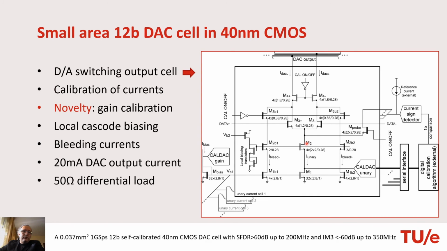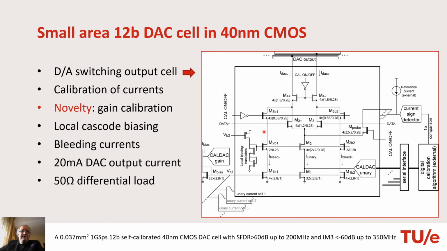We do this to isolate the different cells from seeing each other. So if you have a switching in one cell, it will not propagate this switching to the other cells through the biasing network of the cascades. Because why? Because the cascades are locally biased.